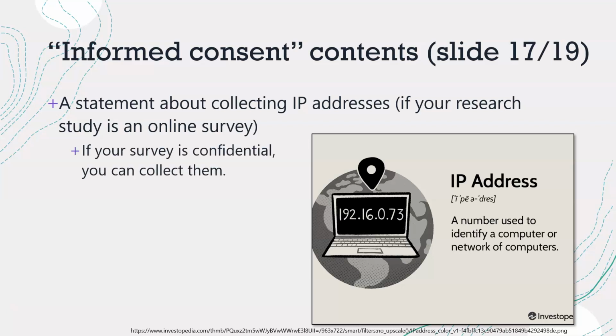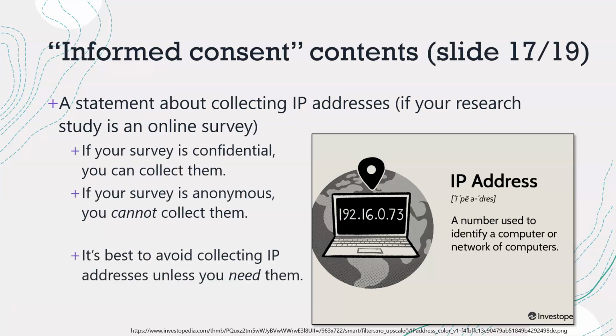Therefore, if your survey is confidential, you can collect them, but you've got to keep them under close wraps. If your survey is anonymous, on the other hand, you cannot collect them because you would be breaking anonymity. In either case, I suggest that you try to avoid collecting IP addresses unless you absolutely must have them, but even then, try to figure out a way that you can avoid getting them.